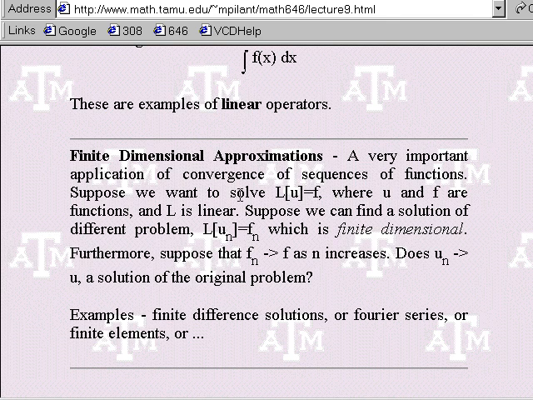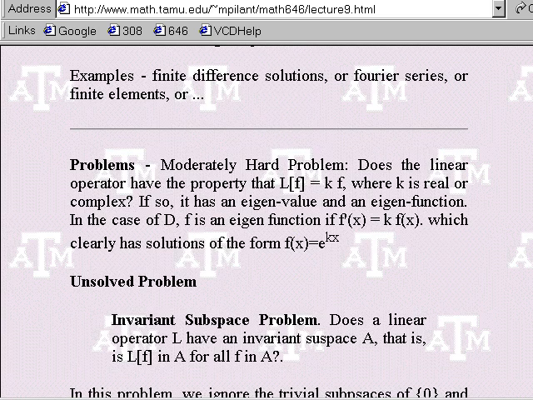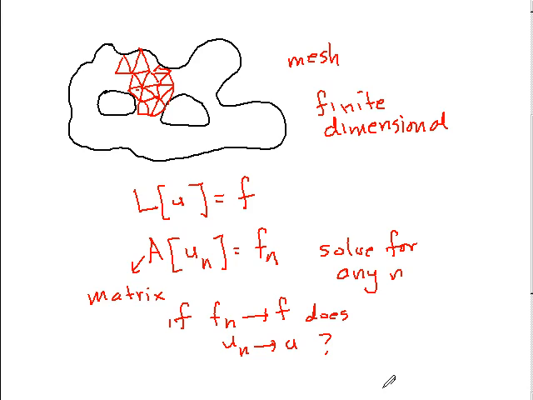So if you have a linear problem like so, where u and f are functions and L is linear, and you can find the solution of the finite version of the problem, and you can furthermore approximate f by f sub n as n goes to infinity, do you have a solution of the original problem? Well, I'll give you an example where we don't use finite dimensions, but a slightly different idea, namely Fourier series.